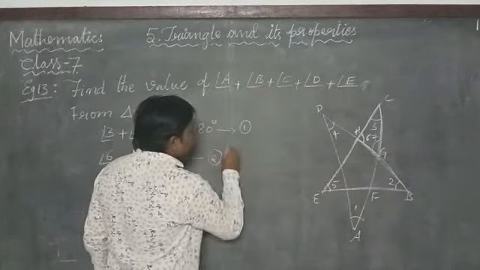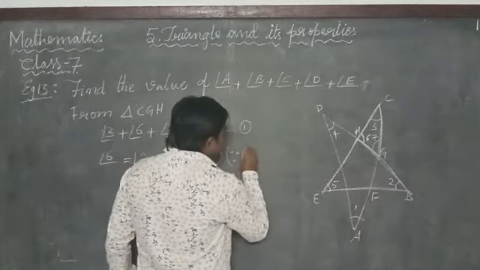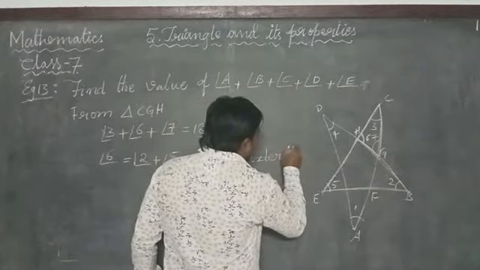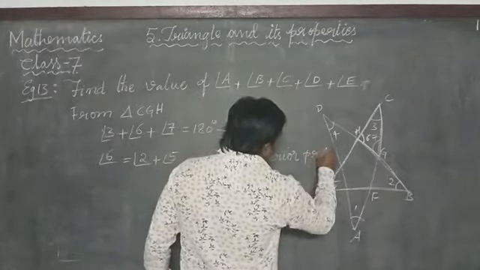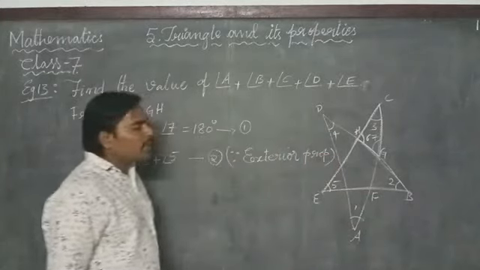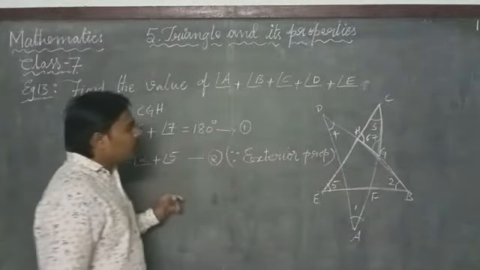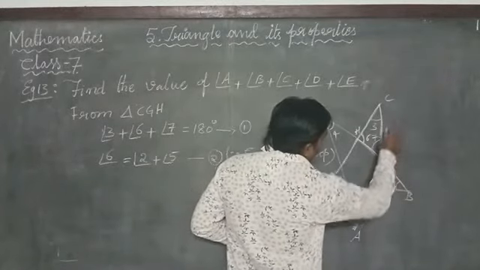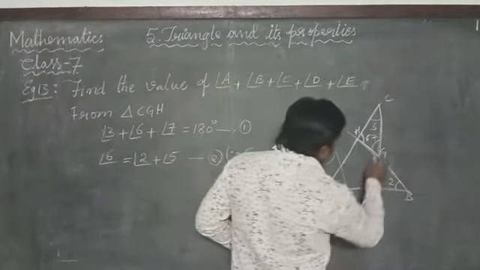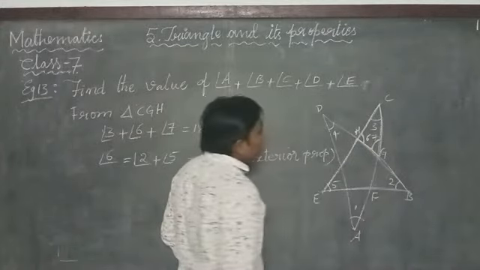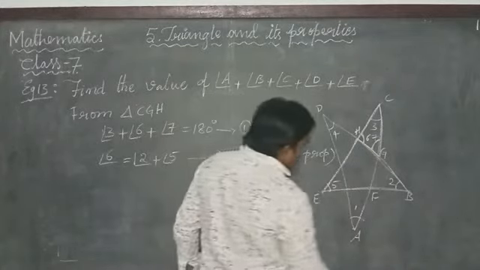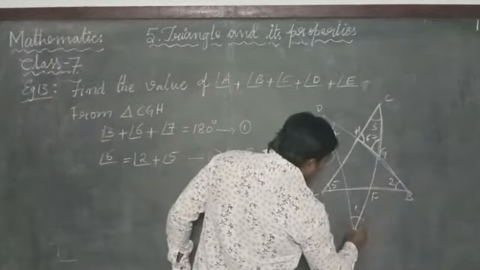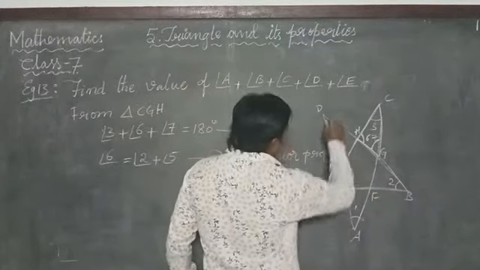Next, angle 7 is the exterior angle for triangle GAD.